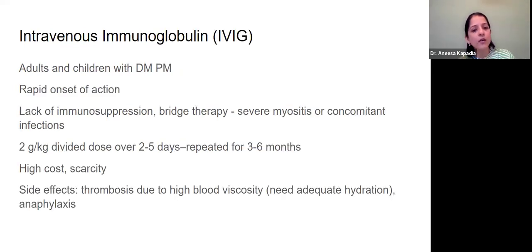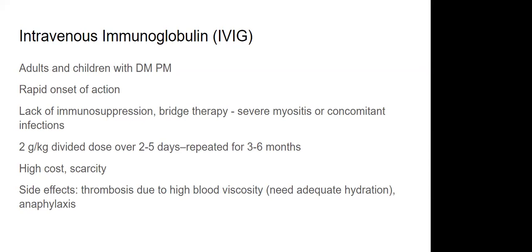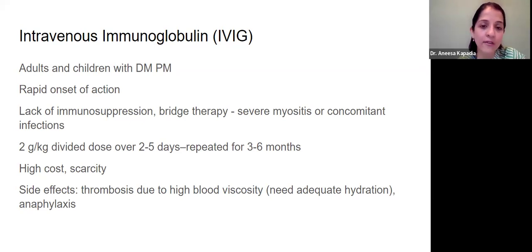IVIG is an important drug, and one must remember this because it can be used in life-threatening situations. So, for example, if a patient has severe respiratory muscle involvement or dysphagia, we might have to use IVIG in an emergency fashion. Of course, trials have shown IVIG can even be used as a maintenance therapy in patients with dermatomyositis.